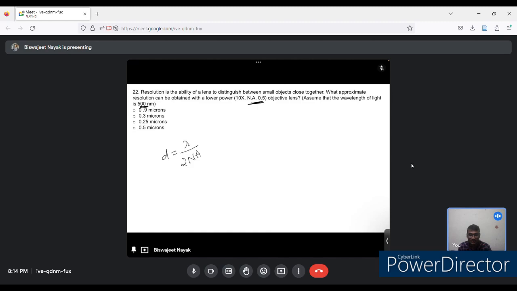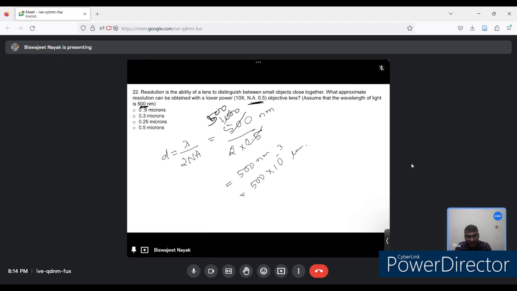Lambda is 500 nanometer, which equals 500 into 10 to the power minus 3 microns, right?